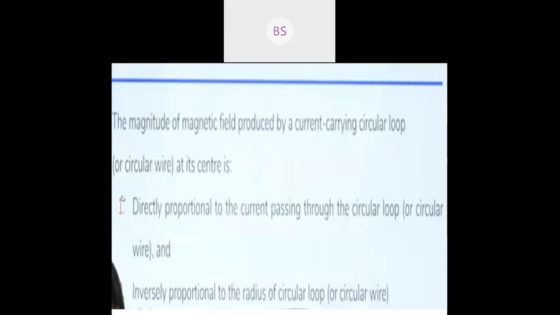The first is directly proportional to current, which means if you increase current, the field increases. And inversely proportional to the radius means one is increasing and one is decreasing. These are the two factors for finding the magnitude of the magnetic field produced.